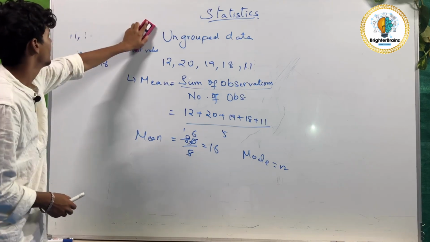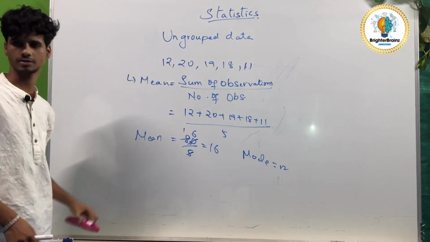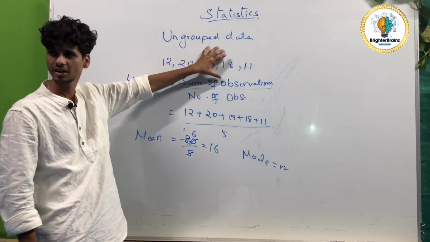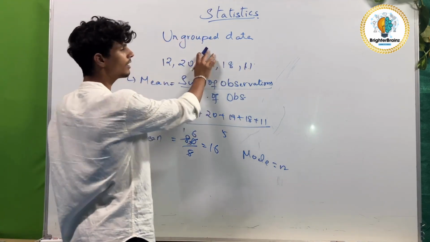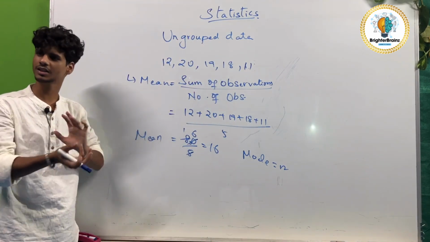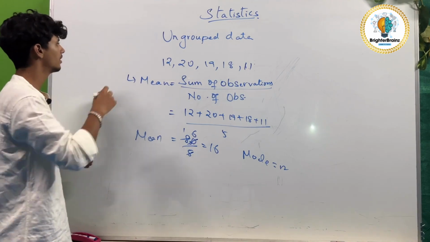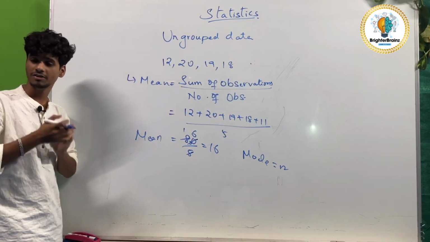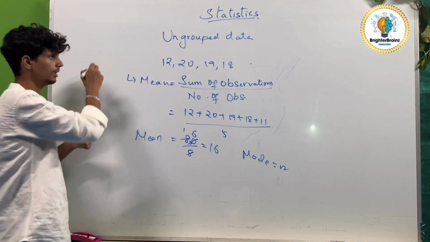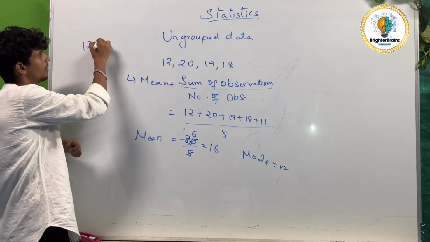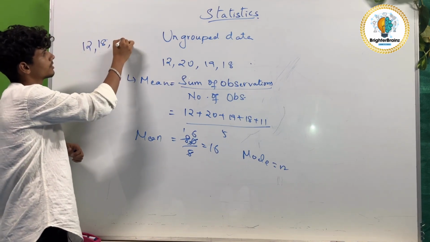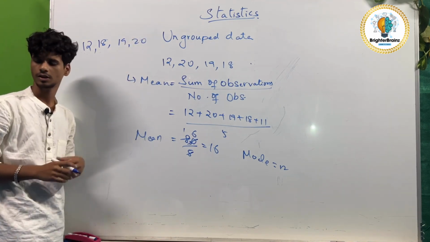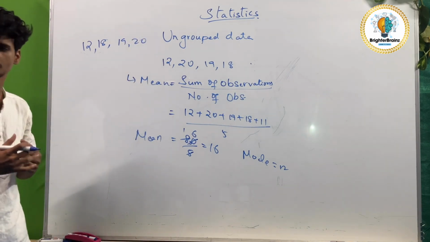Next, if there is an odd number of observations, like these 5, we divide into 2 and 2, and one will be left over, so we take it as the middle value. If there is an even number of observations, what is the middlemost value?